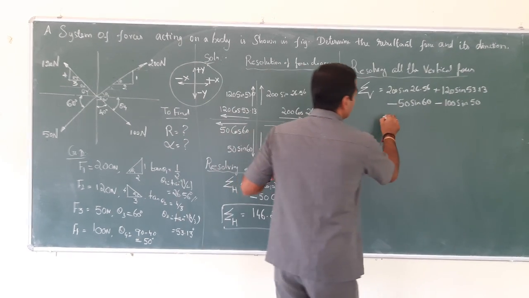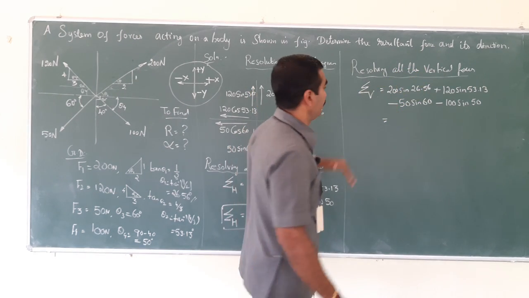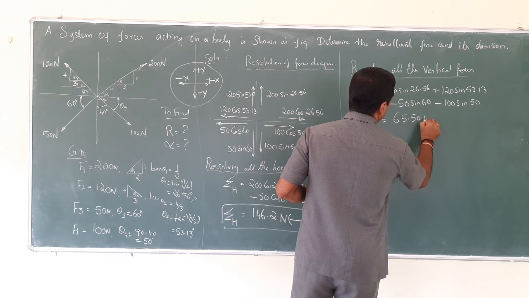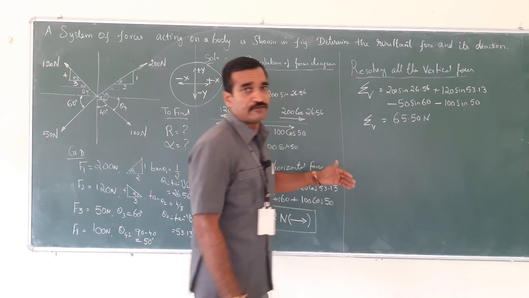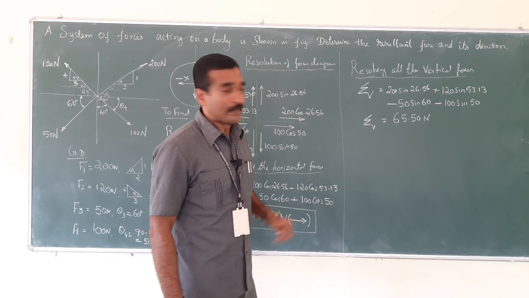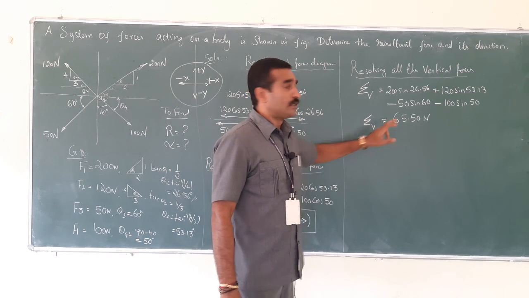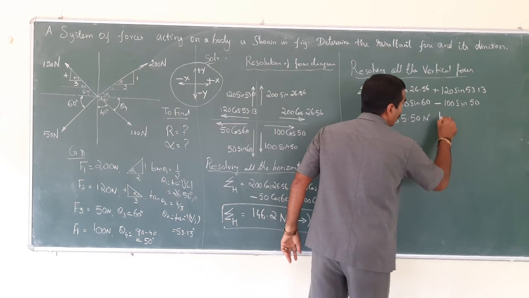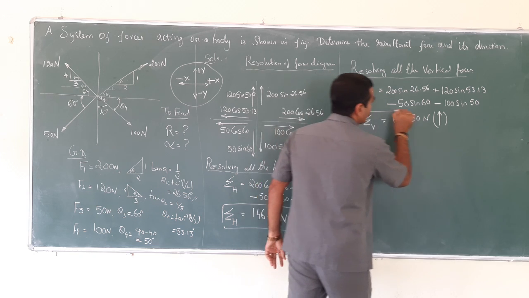If you feed all the data in your calculator, you will get the value 65.50 Newton. The sum of vertical forces is 65.50 Newton. Since the value is positive, it carries an arrow in the upper direction. Now close the box.